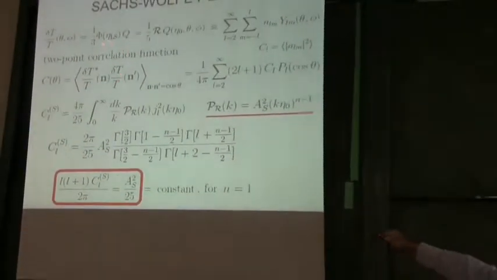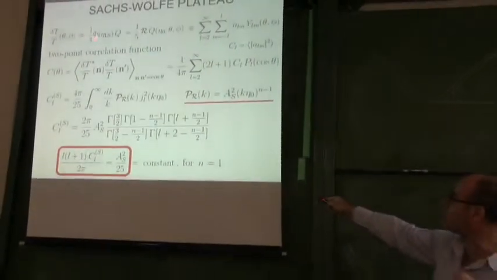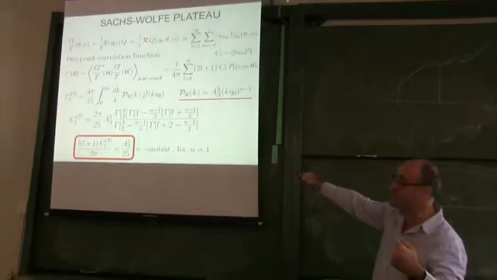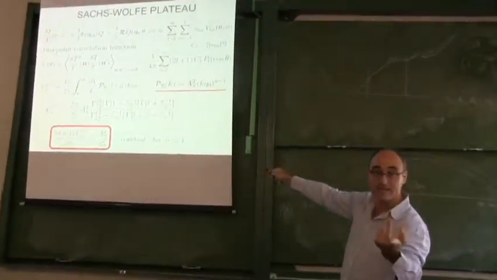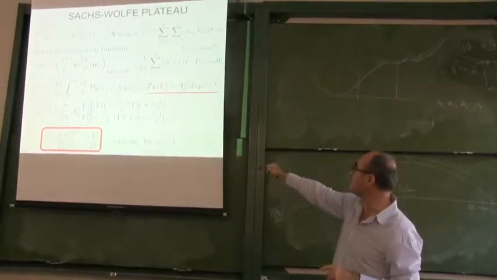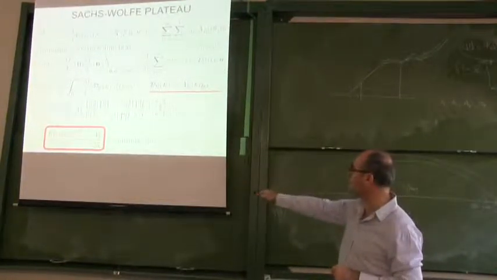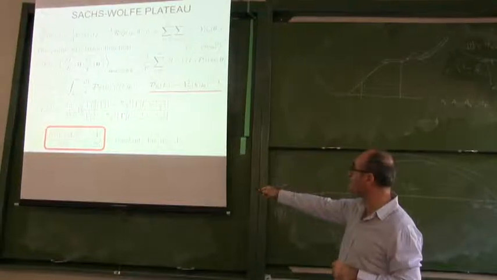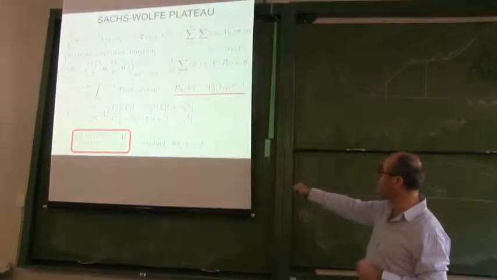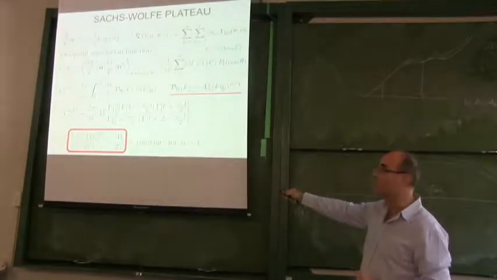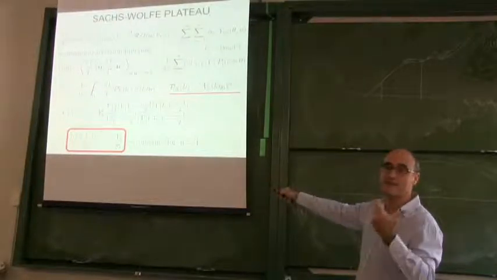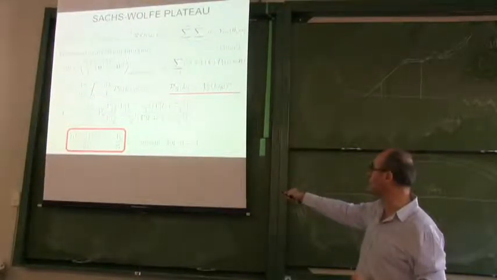Why? Because this two-point correlation function depends on the amplitude of the metric fluctuation itself, and remember this relation between the curvature fluctuation and the metric fluctuation relates to the power spectrum. Therefore, I have a prediction for those coefficients of the two-point correlation function expansion of the angular correlation. It's called the angular power spectrum.